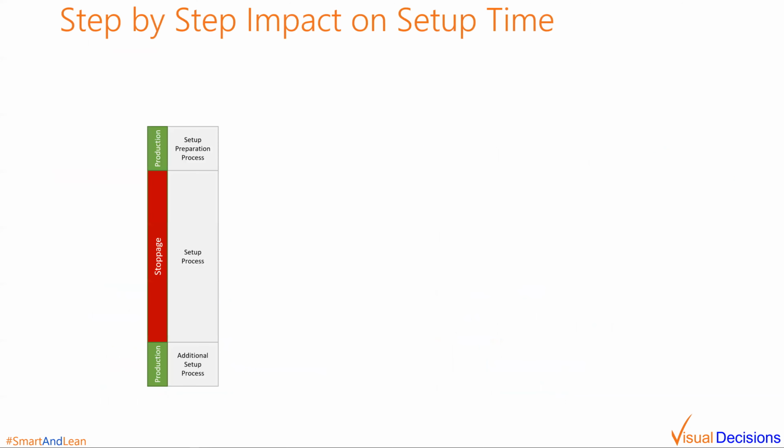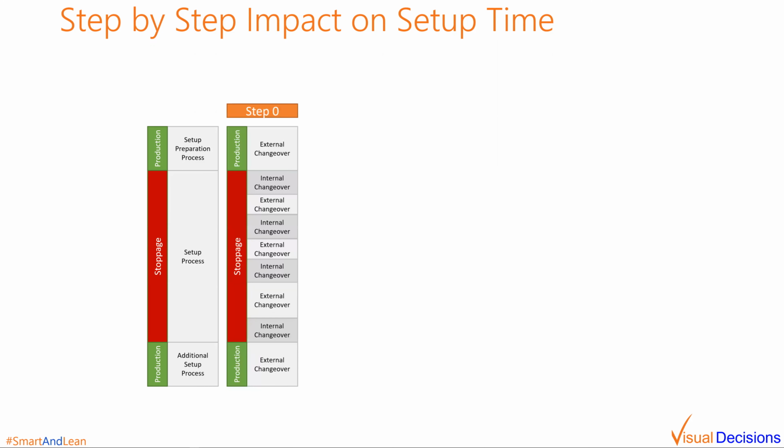So going back to last week's presentation a little bit in terms of how we achieve this, the first step is to just benchmark all of the timings that we have in setups. Step 2 is, once we've timed all of those things, to determine whether the individual steps can be done while the machine is still running versus when it is stopped.